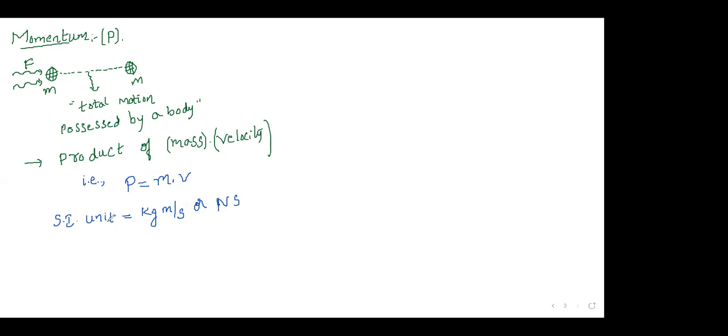Kg meter per second. Is it a scalar or a vector quantity, students? Vector, sir. Very good. It is a vector quantity that will act in the direction of the velocity because mass is a scalar. So momentum is going to act in the direction of the velocity.